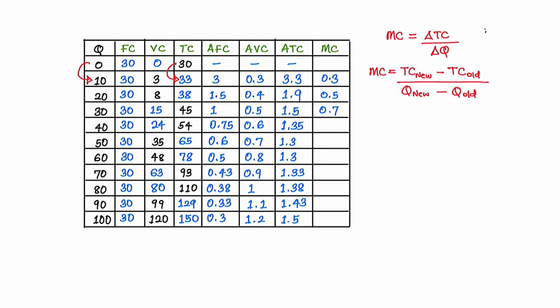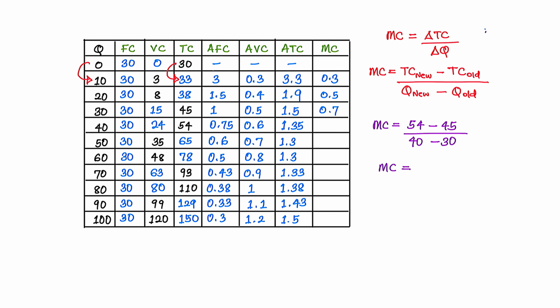Next, calculating the marginal cost as output increases from 30 to 40 and the cost increases from 45 to 54. So old quantity is 30, new quantity is 40. Old total cost is 45, new total cost is 54. So marginal cost equals 54 minus 45, the new cost minus the old cost, divided by 40 minus 30, the new quantity minus the old quantity.